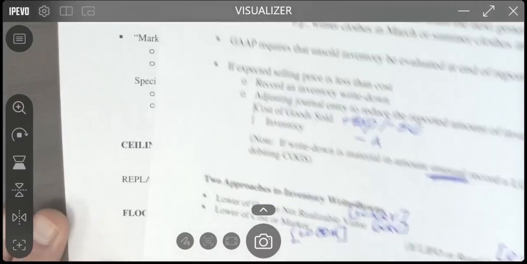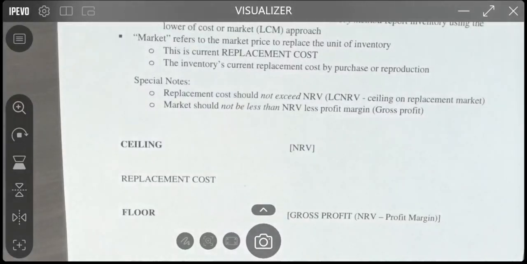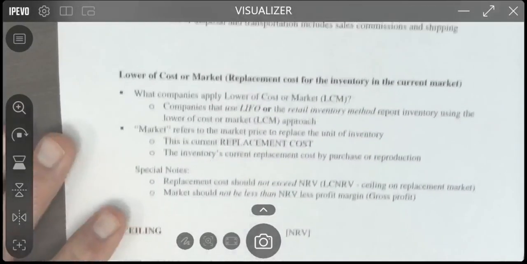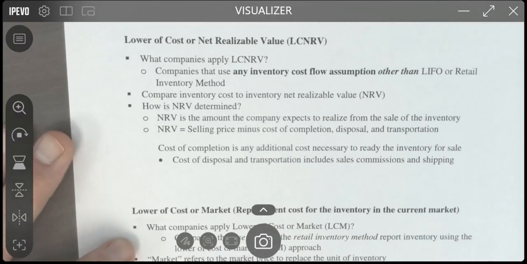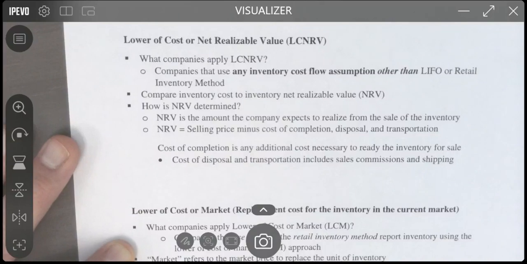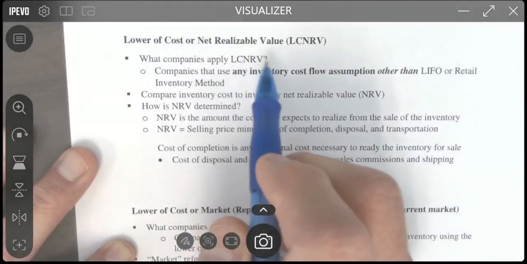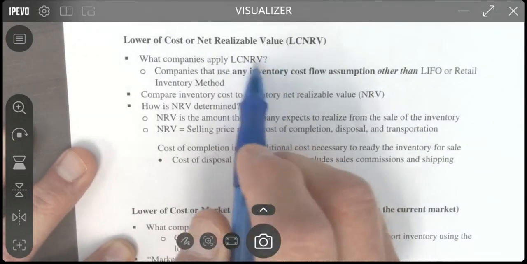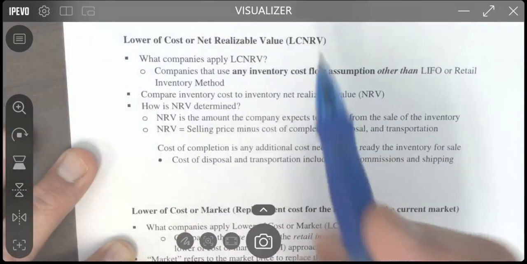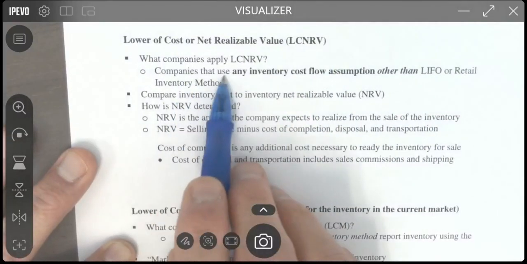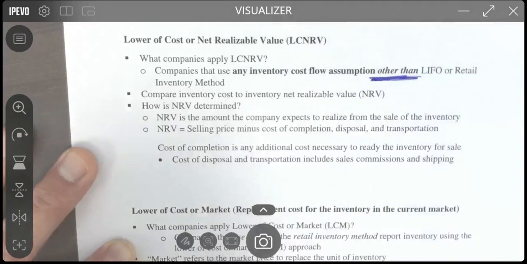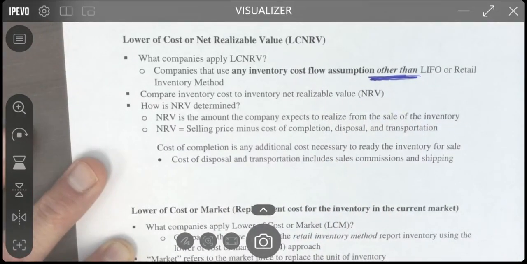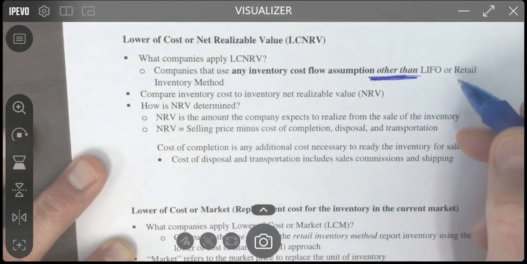All right, let's learn a little more about those two methods. LCNRV, lower of cost or net realizable value. So what companies apply LCNRV? Remember from the last page, it's companies that use any inventory cost flow assumption other than LIFO or retail inventory method.